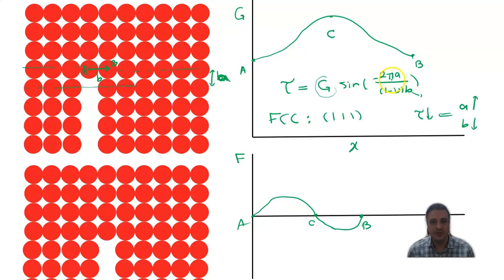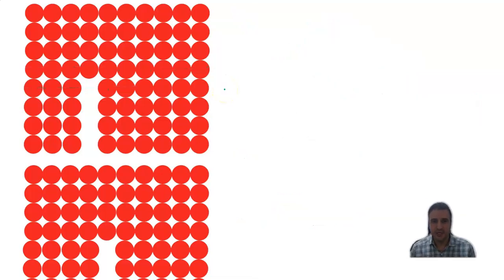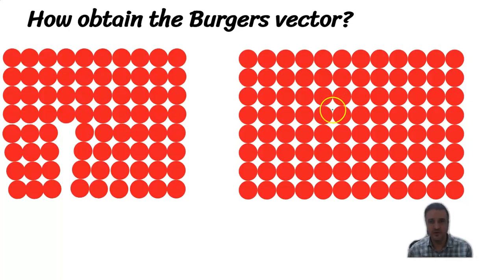So the most important parameters are A and B. In future videos I will explain in further detail how this value A is dependent on the crystallographic planes and which planes are easier to slip during plastic deformation. In the continuation I will show you how we can obtain the Burger's vector.